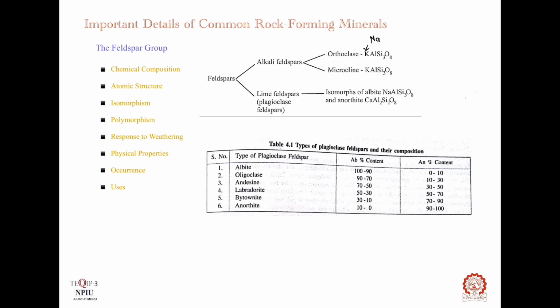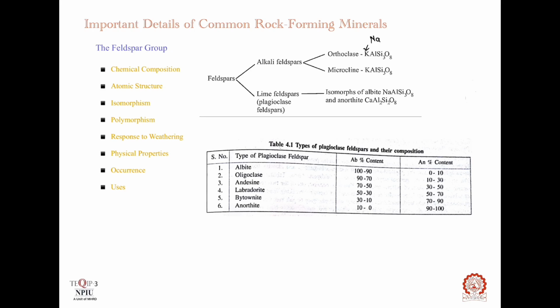This isomorphism also occurs in soda-lime feldspars, which are also called plagioclase feldspars. These plagioclase feldspars are the product of isomorphism between albite and anorthite.